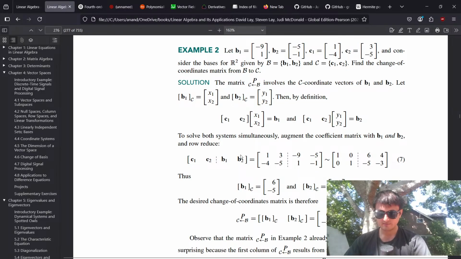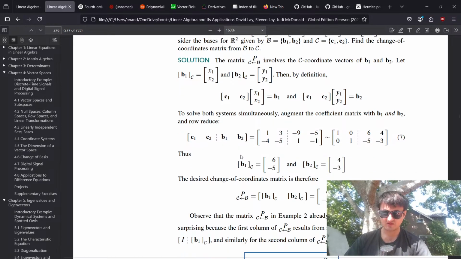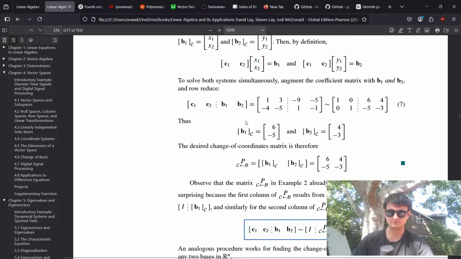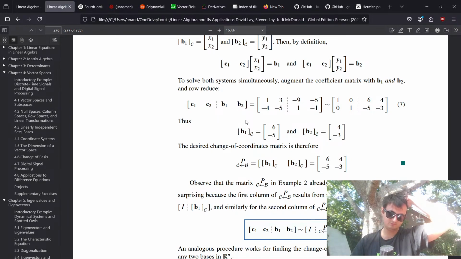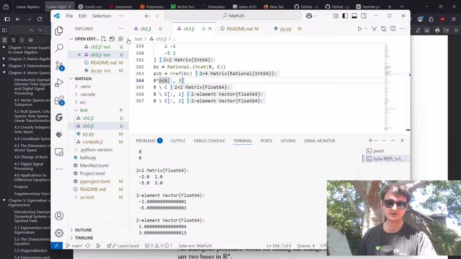Okay, if you have C next to B and you row reduce it, then if C is on the left, then you get... So was I right? Yeah. So eventually I did get the right answer. That's good.